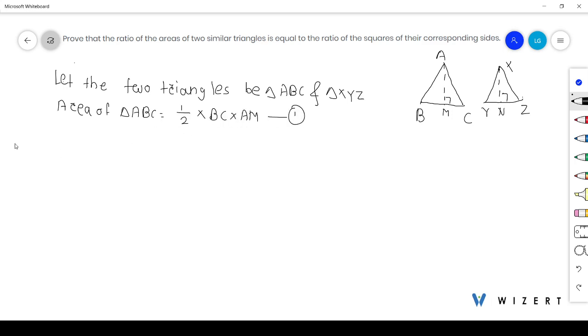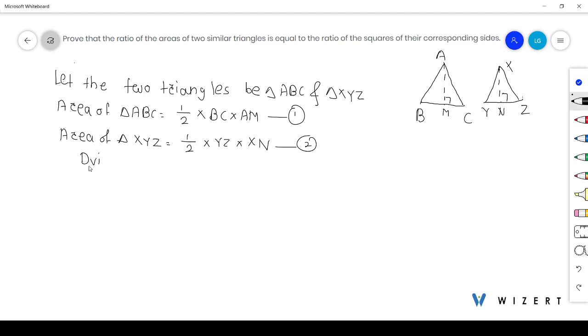Now, area of triangle ABC is given by 1/2 into BC into AM. Suppose this is equation number 1. And area of triangle XYZ is 1/2 YZ into XN. Suppose this is equation number 2.